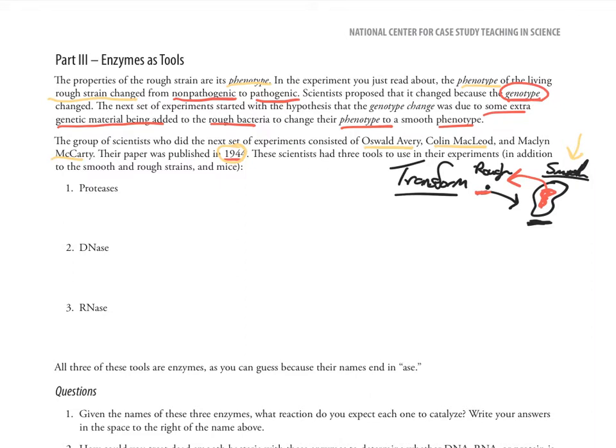First, the proteases. Proteases break down what? Proteins. If you add a protease, which itself is an enzyme, it's a protein itself. Let's look at it as a Pac-Man.